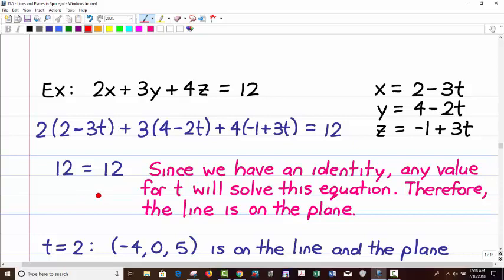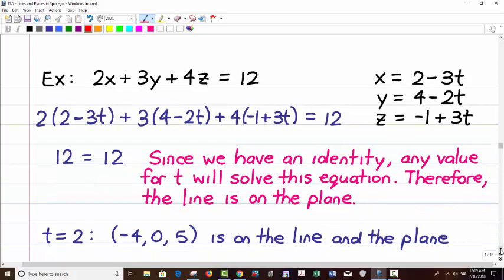If you were testing lines, and you were solving and came up with one equation of a line exactly the same as the other equation of the line, if you were doing substitution or elimination and you got 0 equals 0 or 12 equals 12, that means they were the same line, they weren't separate lines. But if you got a contradiction like 0 equals 6, that meant they were parallel. So sort of working like that here. That means any value of t will solve that equation.